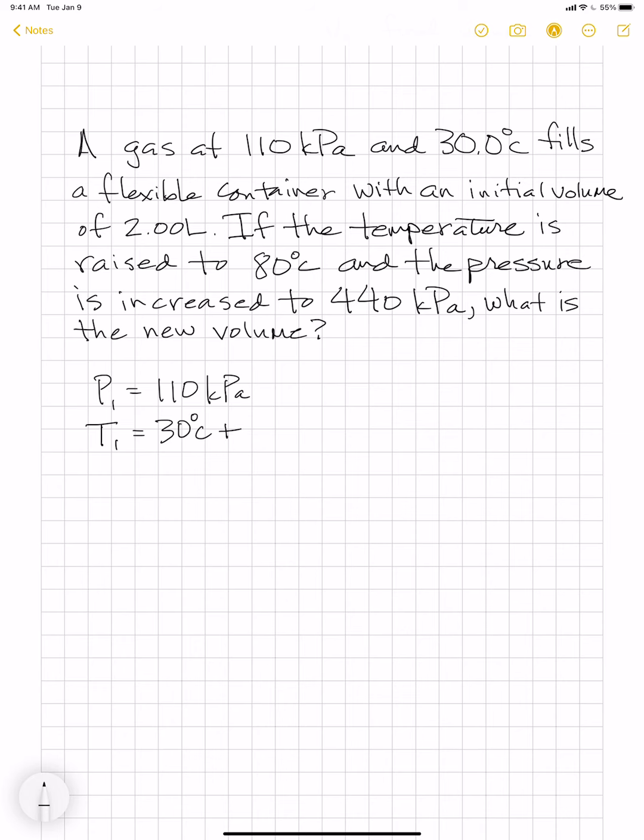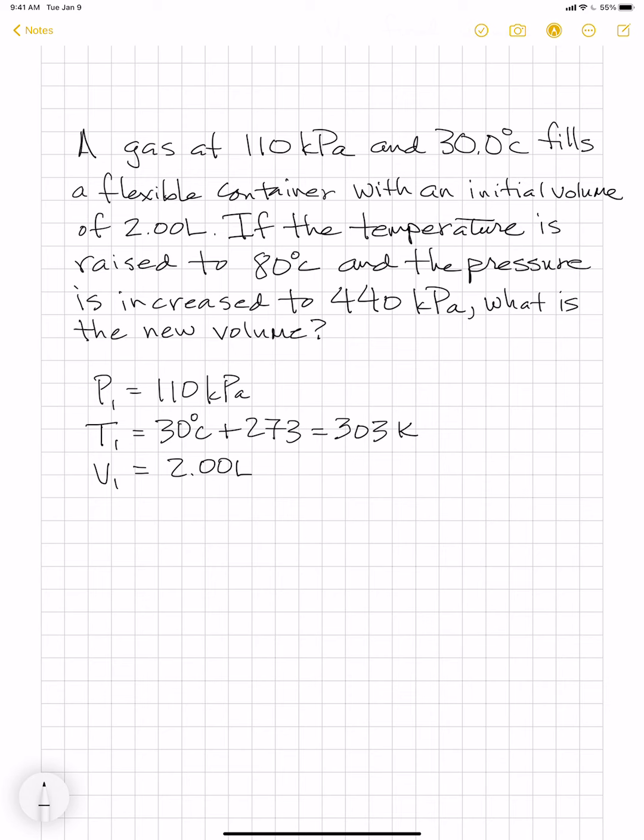So we're immediately going to change that to Kelvin. Get out your calculators. Get your fingers tapping. That's 303 Kelvin, okay? And then this gas is in a flexible container with a volume. There is volume, V1. Volume is 2.00 liters, okay?